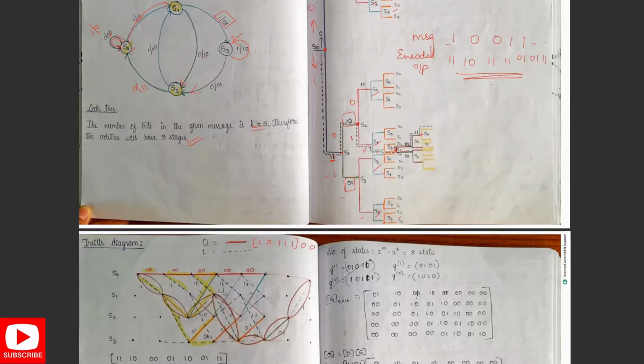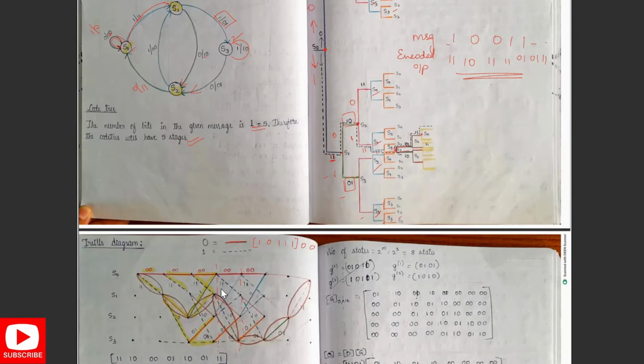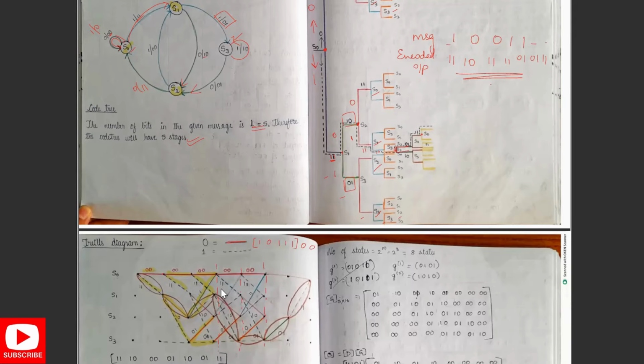Now you can observe this part. So this part is done. So this part is done. You have to repeat that again to this part, and you have to repeat that one more time. Continue the same diagram that you have written without changing anything, as we need 5 stages.